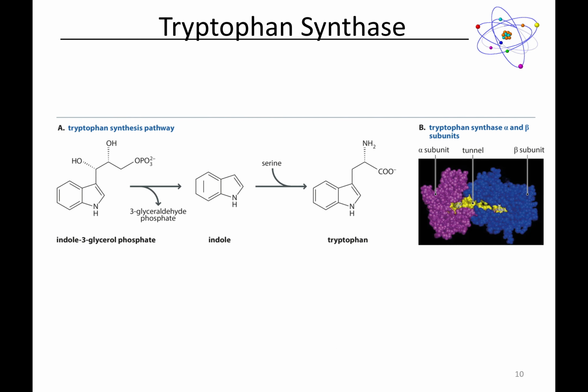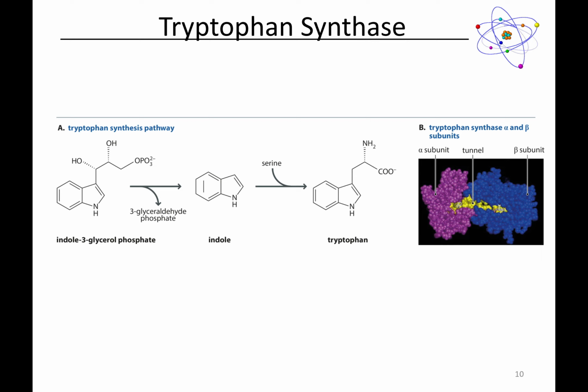Another cool feature of enzymes is that oftentimes they can catalyze multiple reactions. Okay, so this enzyme tryptophan synthase actually catalyzes two distinct reactions, and it does so at two distinct active sites. So here in this first step, you take this molecule indole 3-glycerol phosphate, which, looking at it, you can see kind of resembles tryptophan, but instead of having an amino acid backbone, it has glycerol.